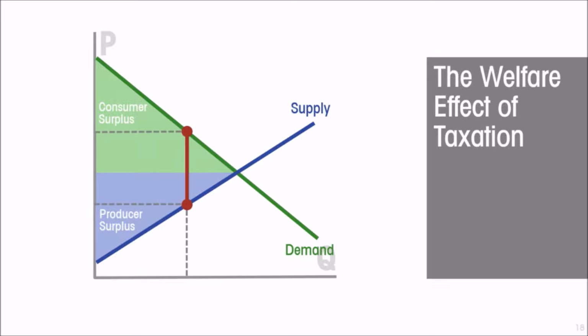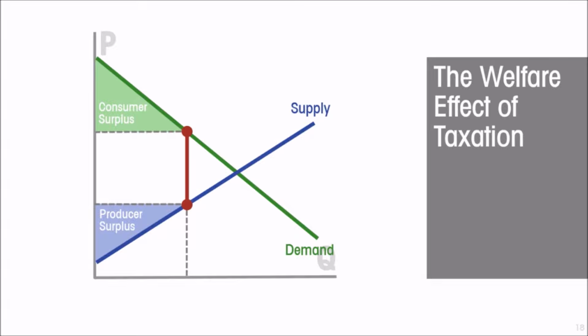When a tax is levied on a market, the quantity that is traded falls and consumer surplus shrinks. Consumer surplus shrinks both because there's a smaller quantity and consumers are paying a higher price. Producer surplus also shrinks both because there's a smaller quantity and because producers are receiving a lower price.